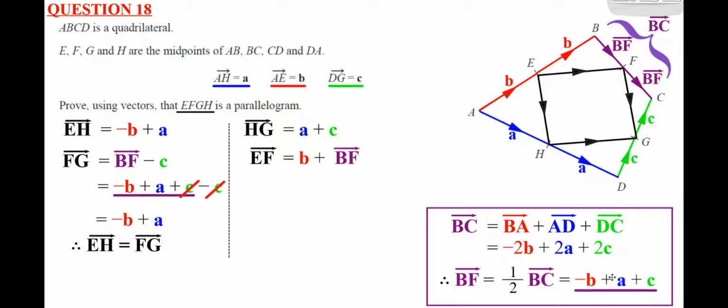But BF, again, we know what BF is. BF is minus B plus A plus C. So if I substitute this in now, I've got this. And then, this time, the B and the negative B would cancel off. So again, after cancelling, that's just going to leave us with simply A plus C, which is the same as what HG is, which is what we wanted to prove. So therefore, HG is the same as EF.